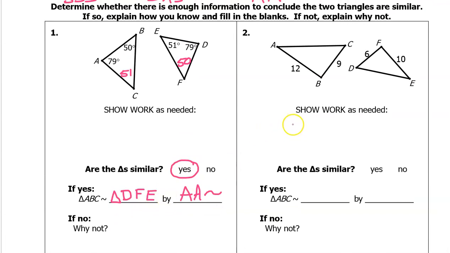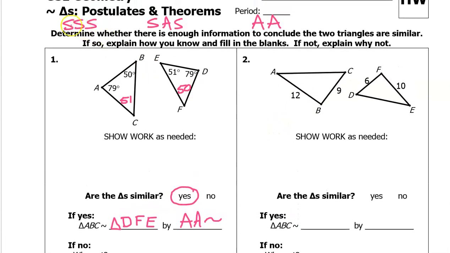How about problem number 2? Are these triangles going to be similar? Well, all we have is two pairs of sides. So that's not going to be enough information for side-side-side similarity. We need three pairs of sides, and we would be checking to see if they were proportional.